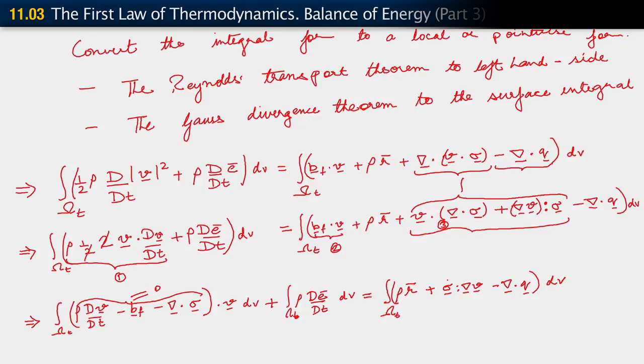Also, we know that sigma is symmetric. As a result, that term becomes sigma contracted with the symmetric part of the spatial velocity gradient. But that is what we've been writing as d, the rate of deformation tensor, the symmetric part of the velocity gradient tensor.